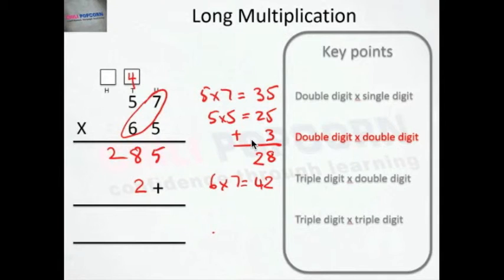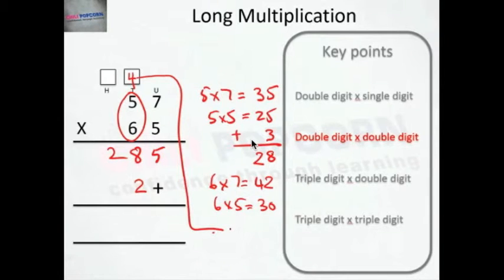Then we're going to do 6 times 5. That's these two numbers over here. So 6 times 5 is equal to 30. Now we're going to add the 4 that we carried over. Plus 4 is 34. We write down 34 over here.